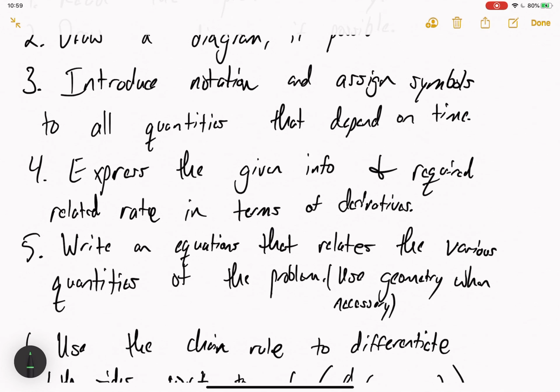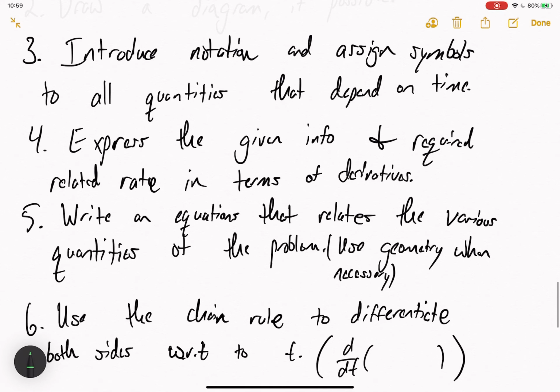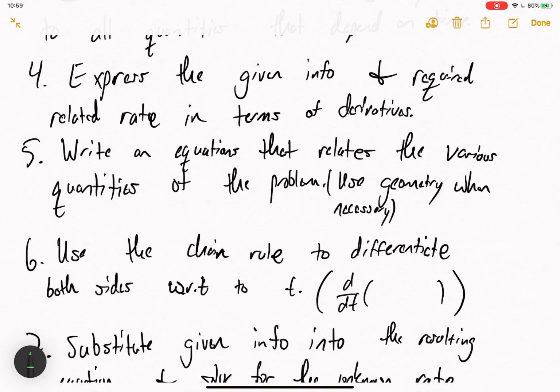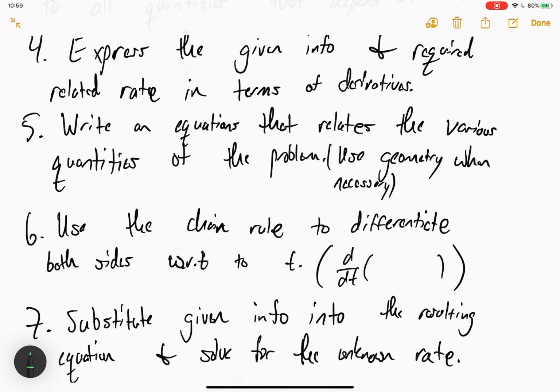So once we label everything, we take our given information and what we want to know, and turn it into math again. For us, that was dr/dt equal to 4 millimeters per second, and the rate of change in the volume was dV/dt. Now we have one thing that we know and one thing that we don't know.